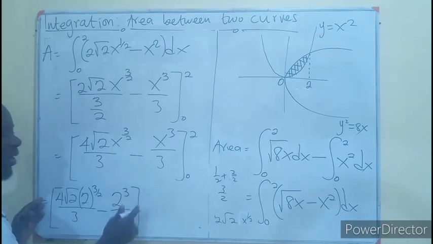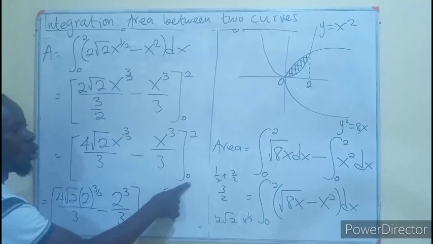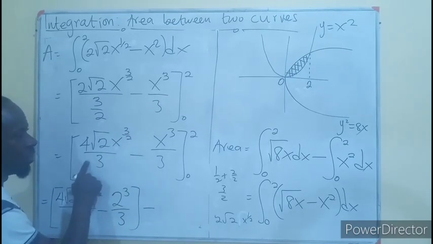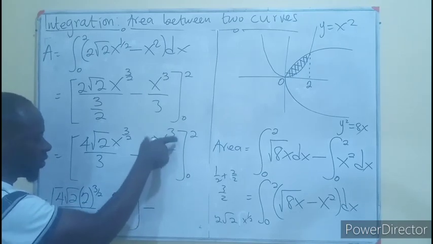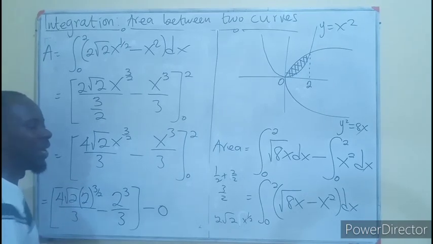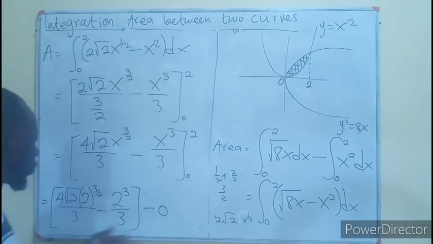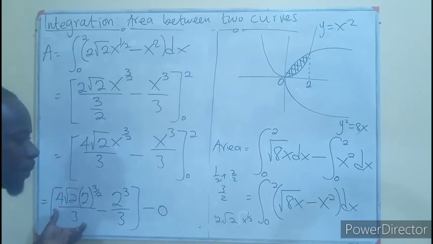This is for the upper limit, minus the lower limit. If I put 0 here, exponent and multiply, everything there will be 0. So now we can compute this side.